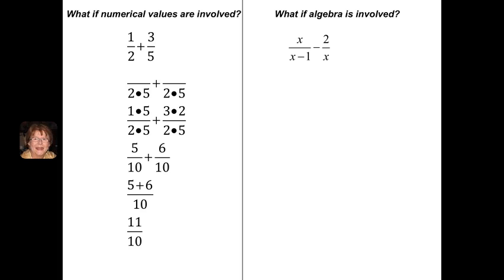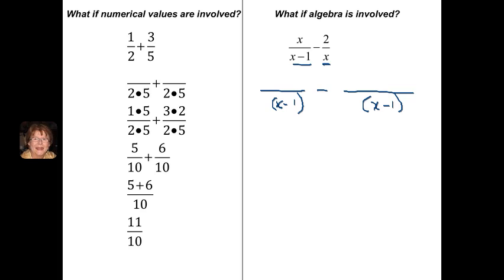How do we find the lowest common denominator? And this is what I always do. I always place my two fraction lines, and I look at each denominator. X minus 1 is a factor in this denominator. Therefore, it will be a factor in the lowest common denominator.